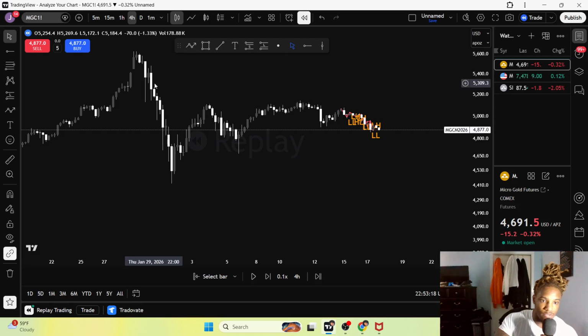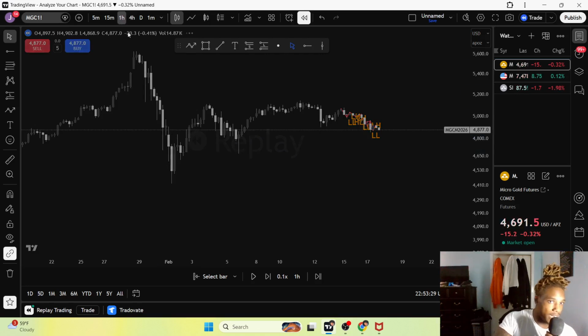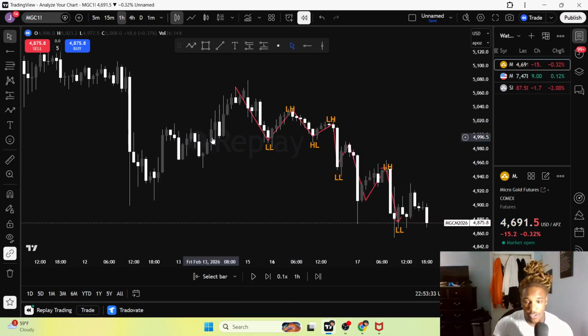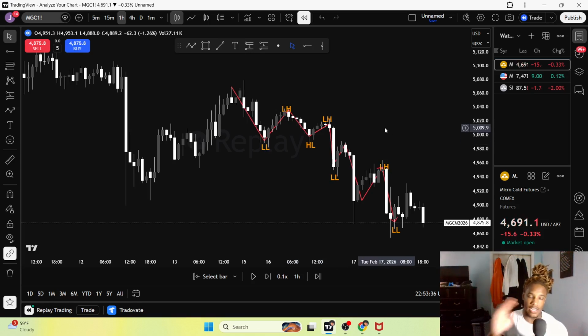Every candlestick that you see here is 4 hours of price action. On the 1-hour time frame, same thing, 1 hour of price action. However you view the chart, it's how you view the chart. But I'm not going to get into that right now.